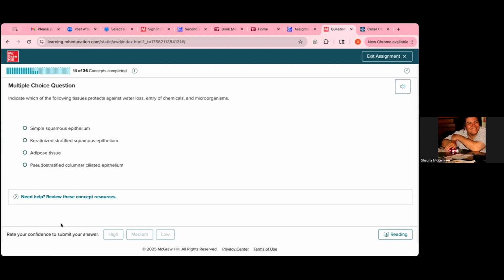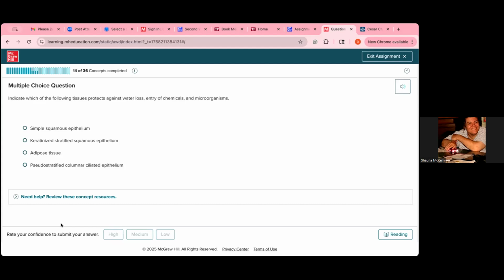Indicate which of the following tissues protects against water loss, entry of chemicals, and microorganisms. Water loss, entry of chemicals, and I don't know if it's keratinized stratified.